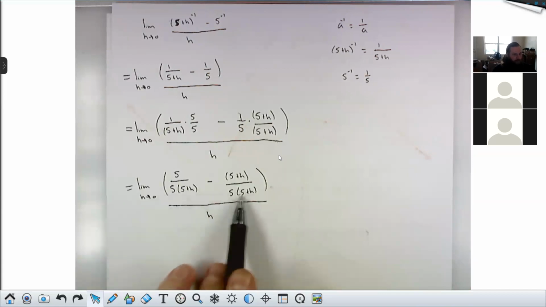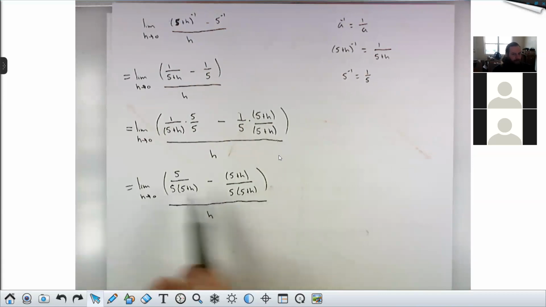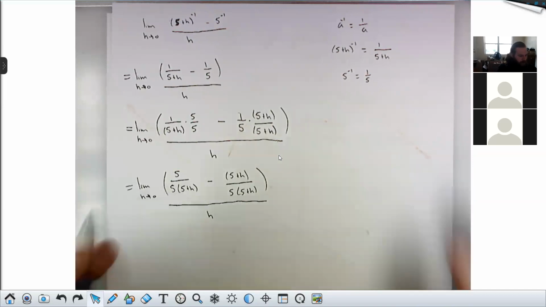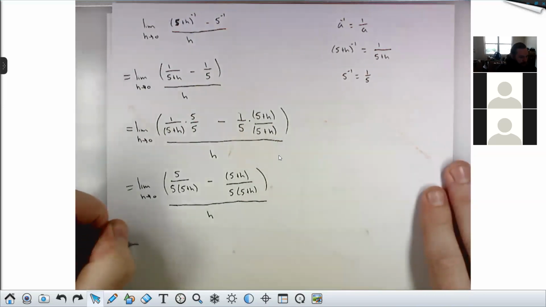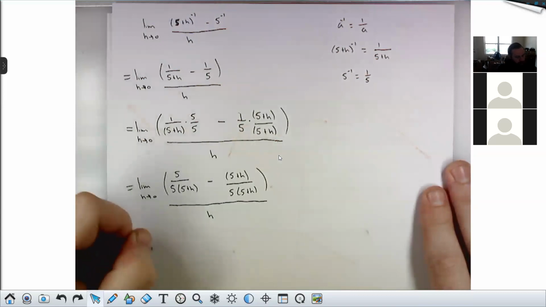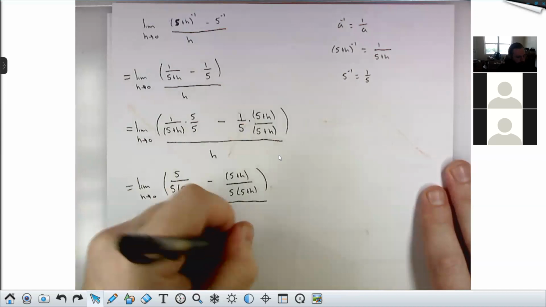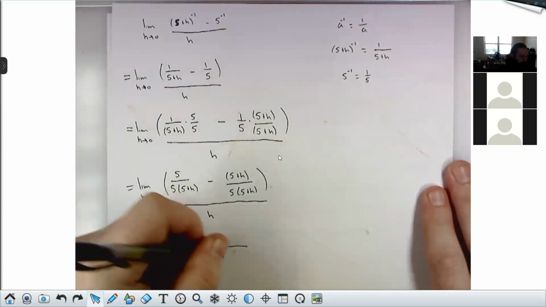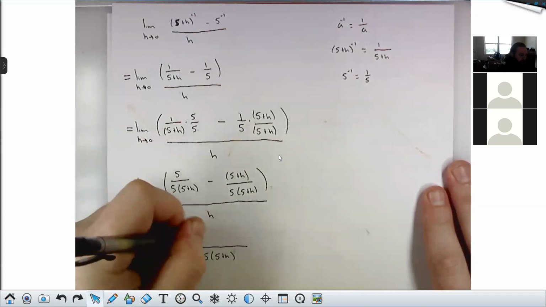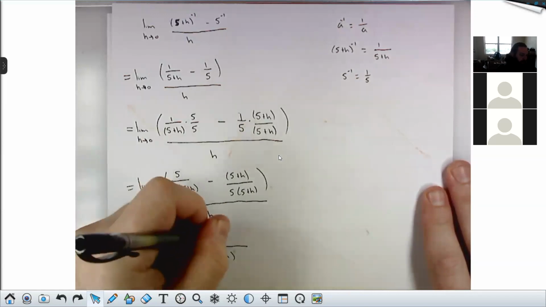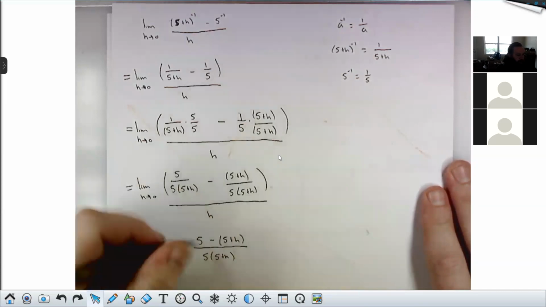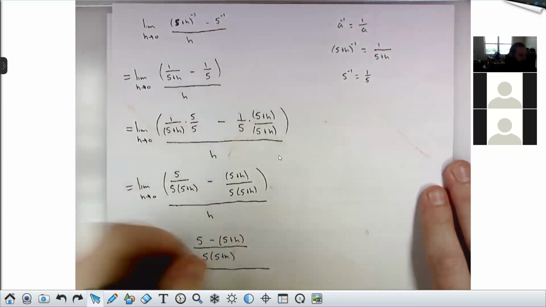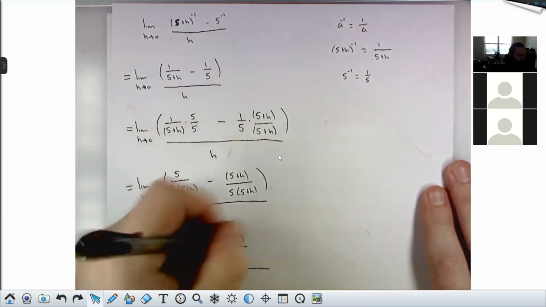Now this and this have the same denominator, the two little fractions in the top. So I can subtract them. That's what we needed to do to subtract them. So I get the limit as h goes to 0. My fraction in the top is going to have denominator 5 times (5 + h), and upstairs I'll have 5 minus (5 + h), and then my big fraction downstairs still just has h in the bottom.